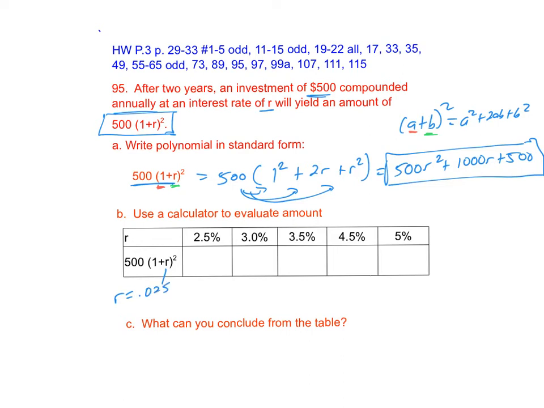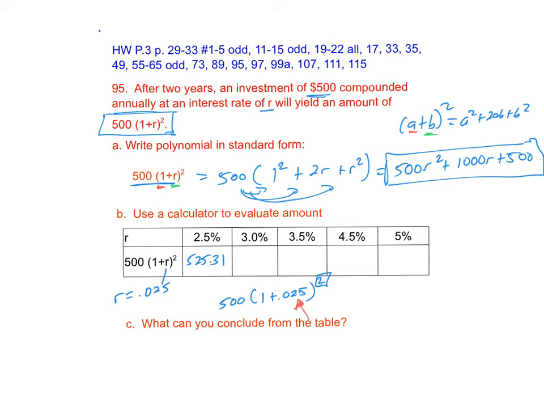So what you want to enter in your calculator is something like 500 times 1 plus 0.025, and then that quantity will be squared. And if you enter those in your calculator, you should get $525.31. At 3%, you can just copy the formula from your calculator by arrowing up and then hitting enter.